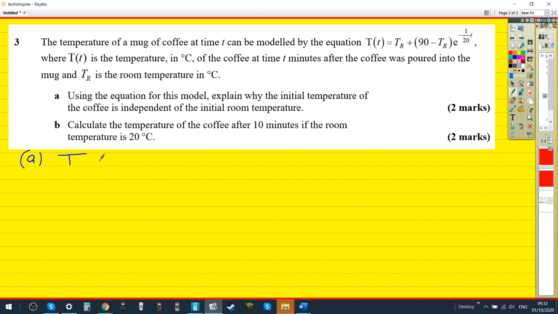And so sub in t equals 0, the T of 0. Am I just subbing in like T of 0 equals TR plus 90 minus TR to the e of minus 1 over 20 times 0? Yeah.